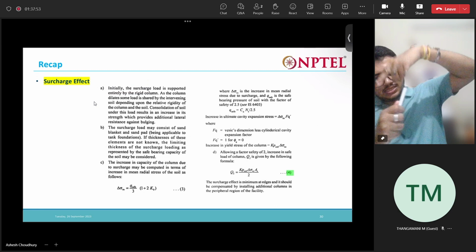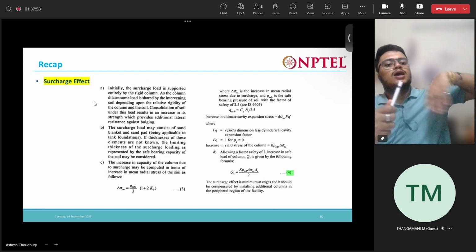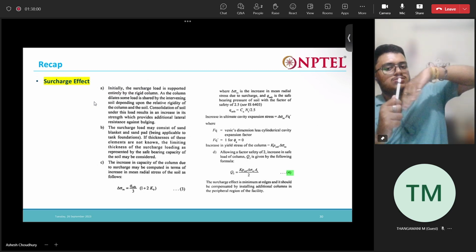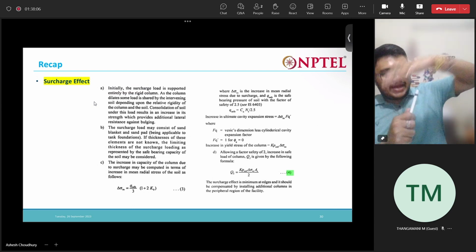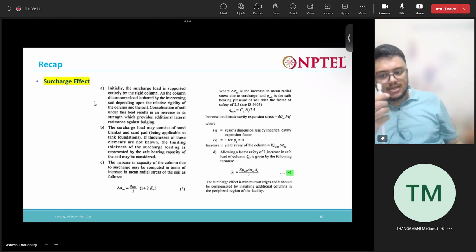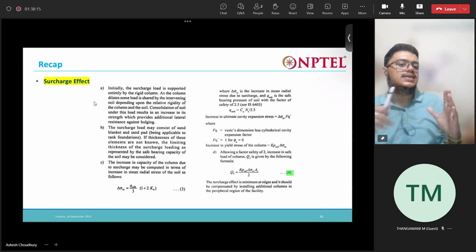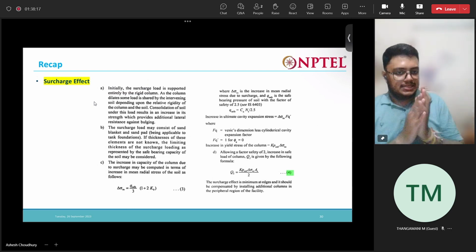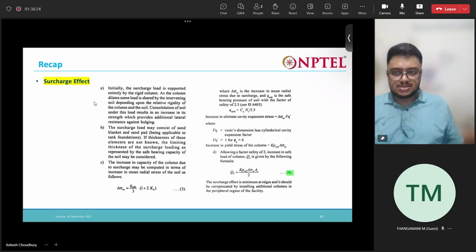Due to this transfer of load, consolidation of the surrounding soil happens, and the strength of the soil increases. This increased strength provides additional lateral resistance against bulging, which we are about to calculate here. What is this additional resistance from the surcharge effect?